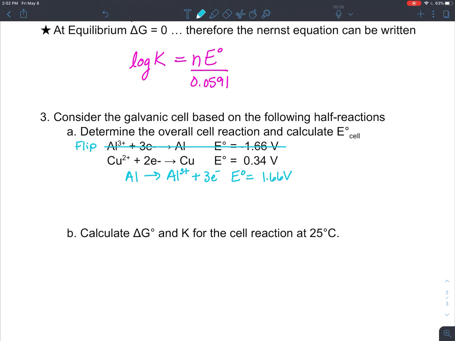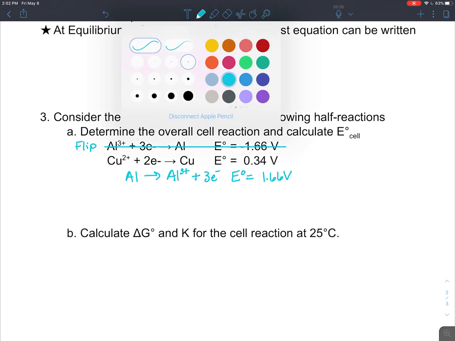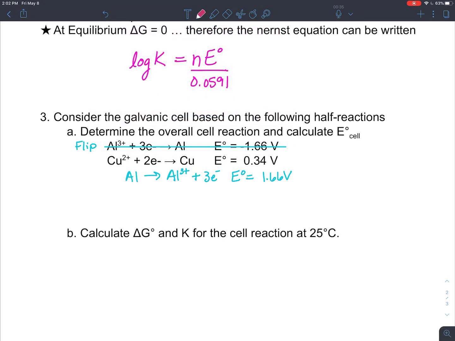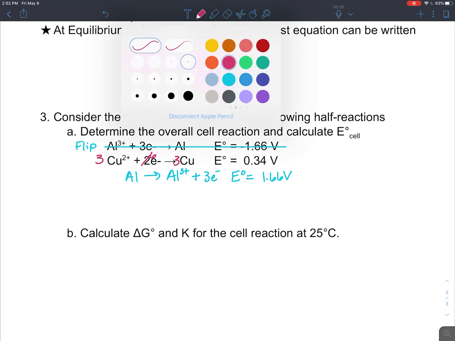Okay, let's go ahead and balance out our electrons. So we have 3 and 2. We want a least common multiple of 6. So that's going to give us 3, 6, and 3.